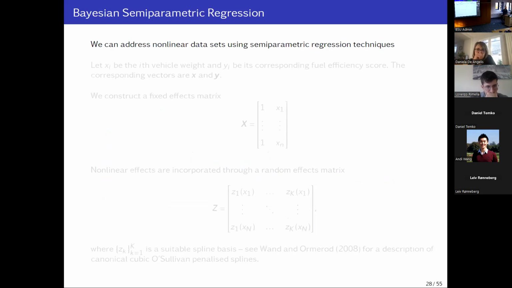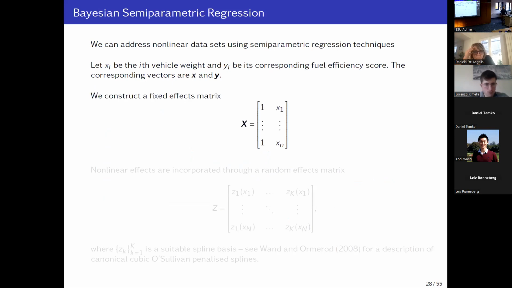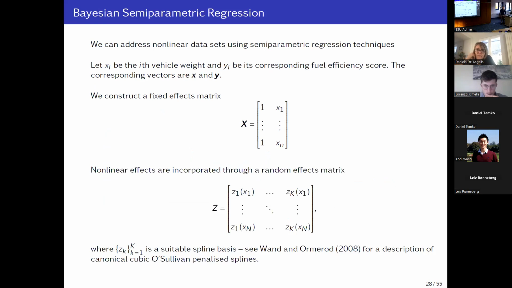We're going to address this non-linear data set with semi-parametric regression. So you have a matrix of fixed effects and a matrix of random effects, which is constructed by a set of spline coefficients evaluated over your design points. Is everyone familiar to some extent with non-parametric or semi-parametric regression? Okay, great.